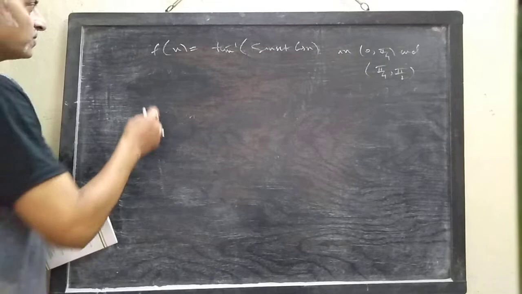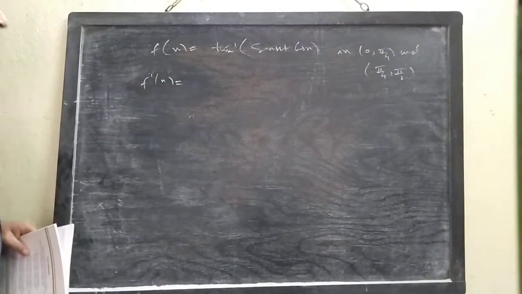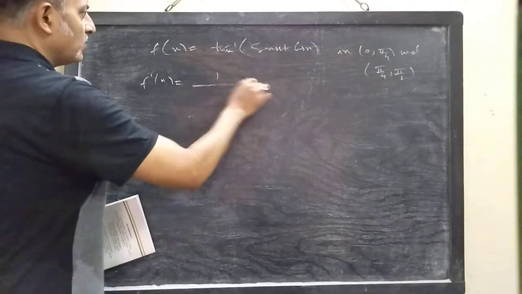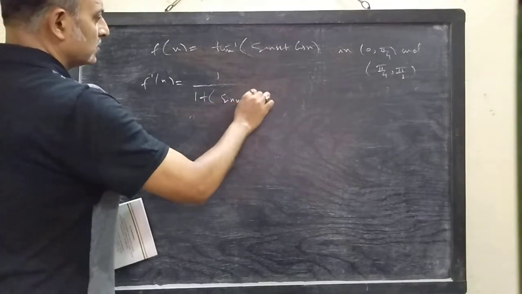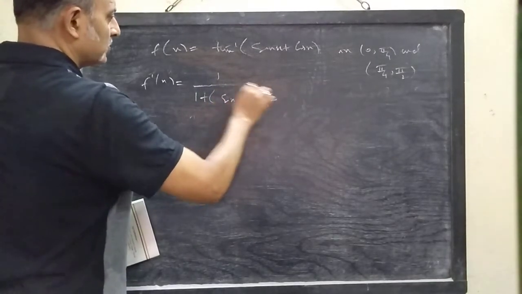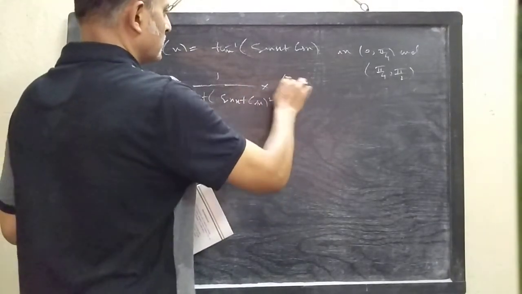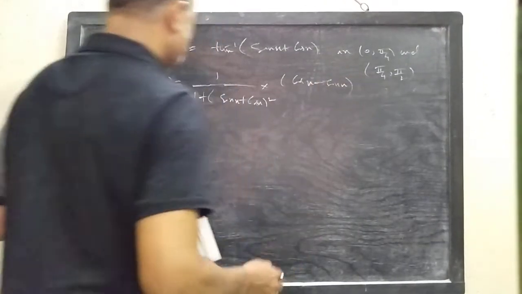For this, first find f'(x). One by 1 plus (sin x + cos x)^2, into cos x minus sin x.